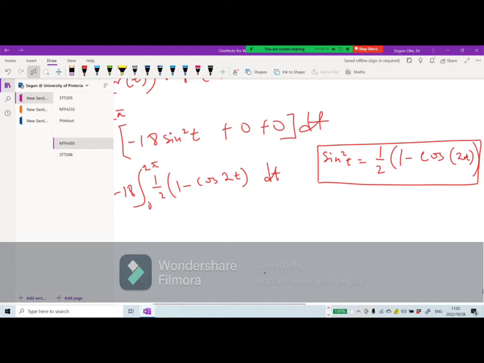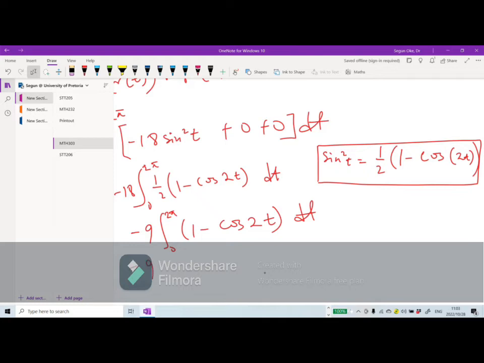Take 1 over 2 out, you have minus 9 times the integral from 0 to 2 pi of 1 minus cos 2t dt.